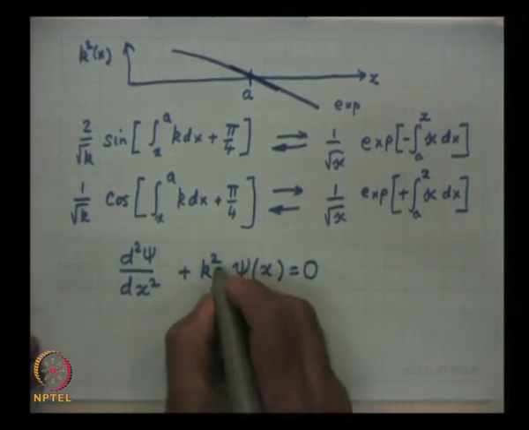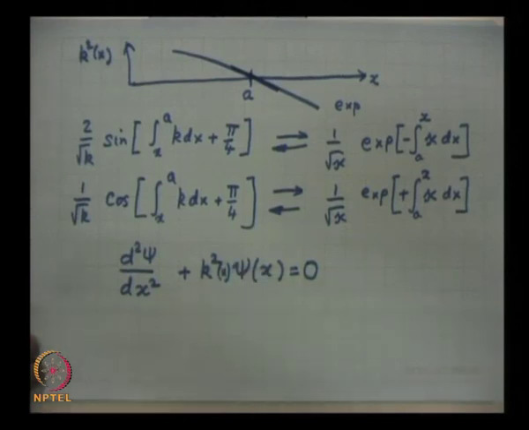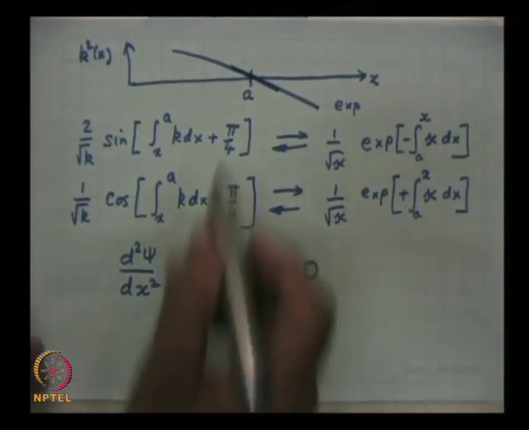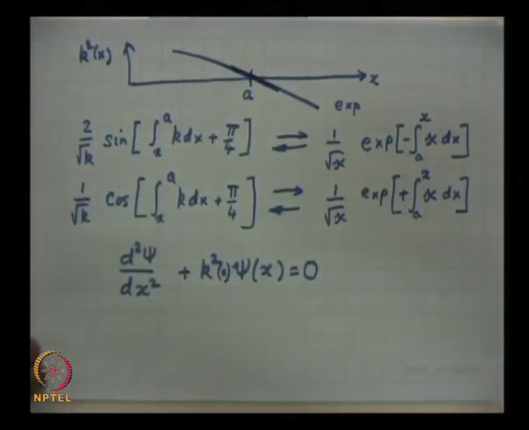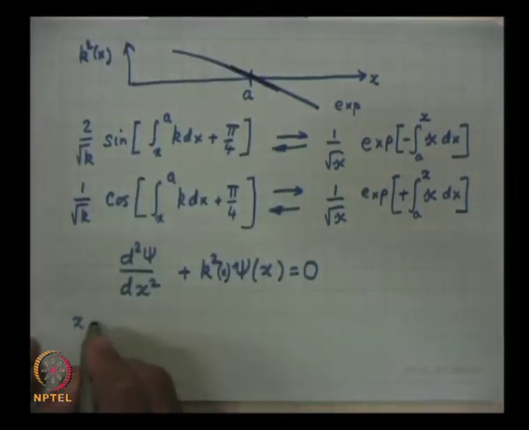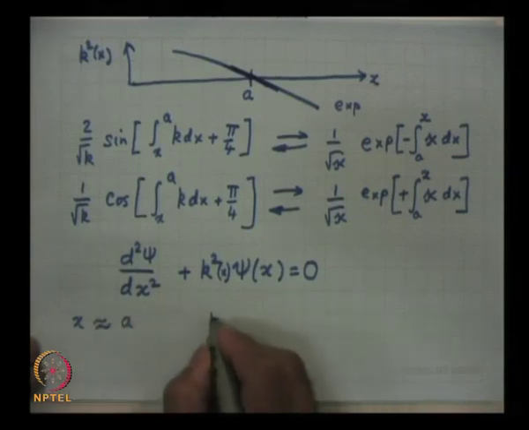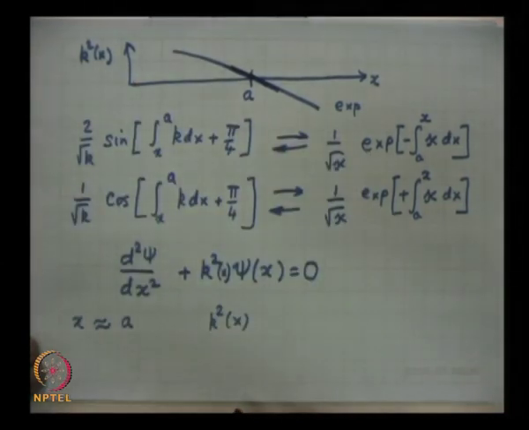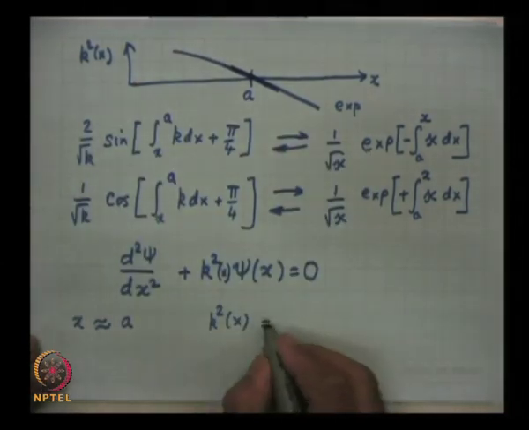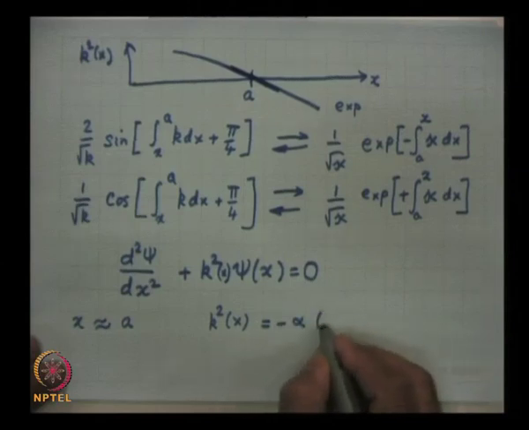Now, we assume that in the vicinity of the turning point, so around x is equal to a, k square of x, in this case a decreasing function of x, is equal to minus alpha times x minus a approximately.